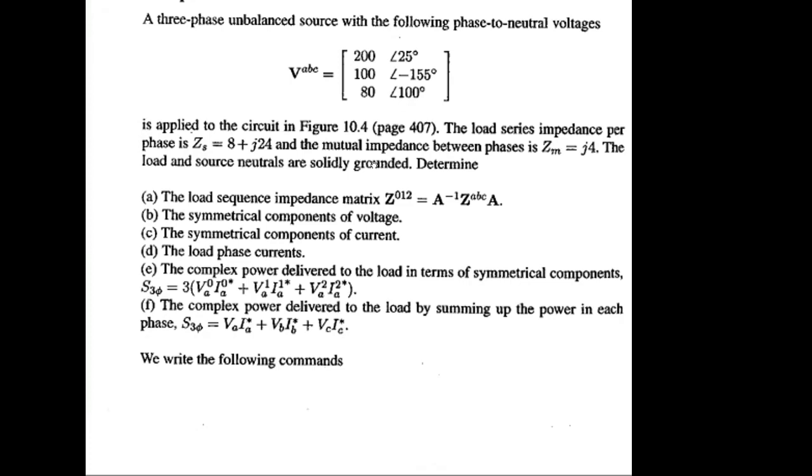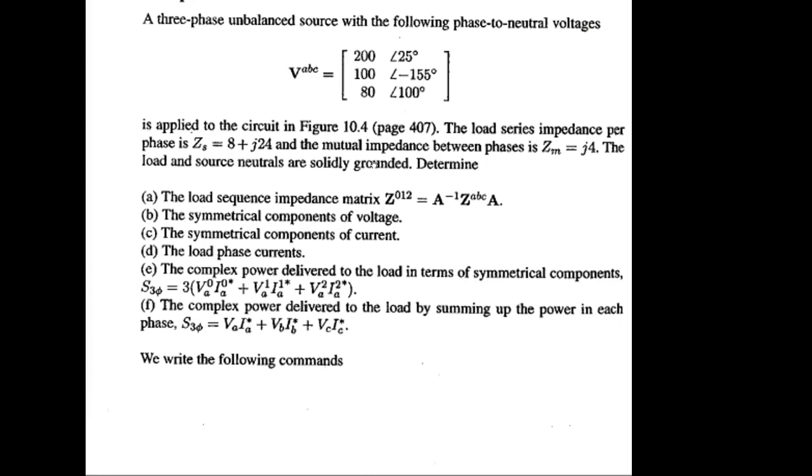Regarding the neutral ground, there might be three possibilities. Remember that. You have three different options for grounding. One is solid ground, in which case the Zn value is 0. Second, you might have resistive ground, where resistive impedance information will be there.